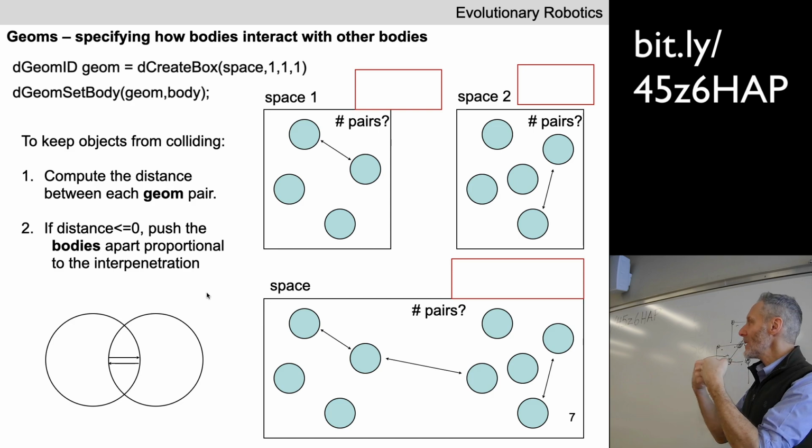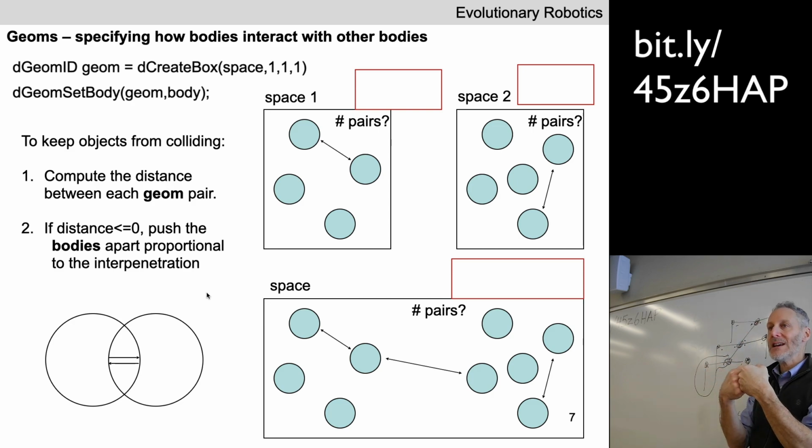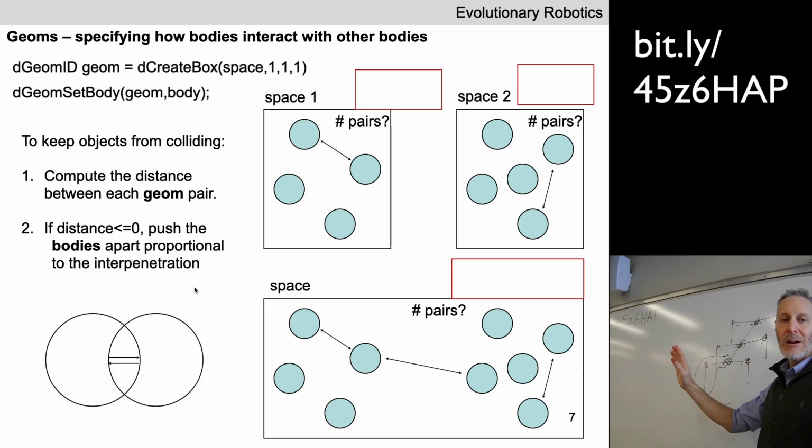So anything we can do to make that computation simpler is going to keep the fan from turning on your laptop. One way to do that is to get rid of all the inertial stuff and keep just the geometry. We just need the skin of the object to do collision detection.